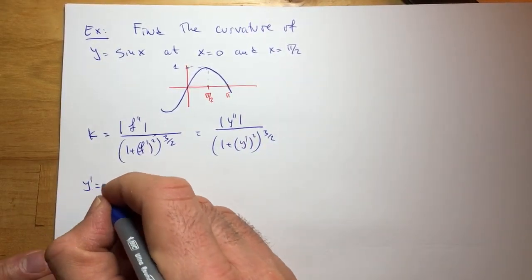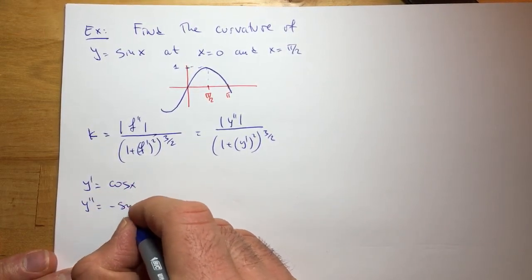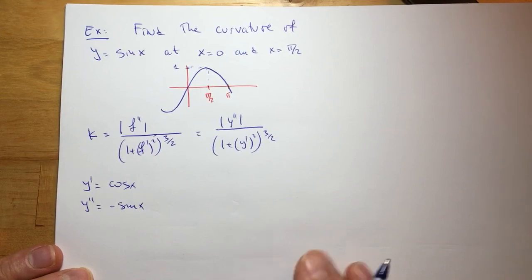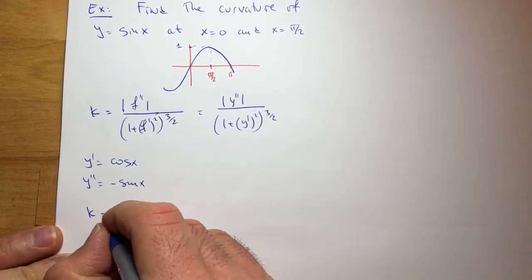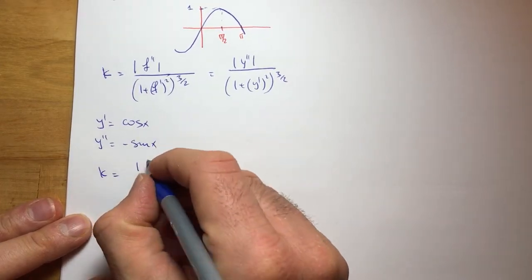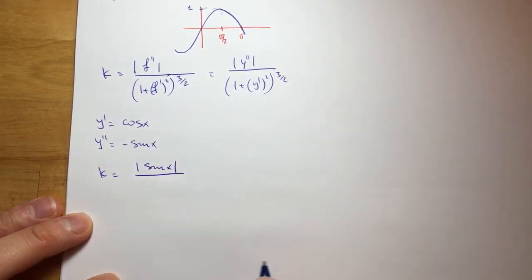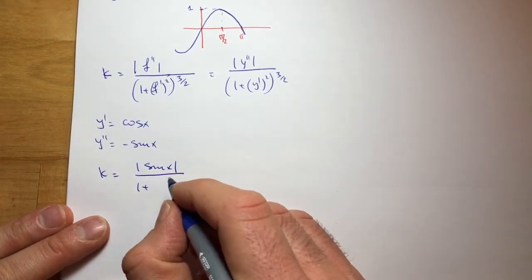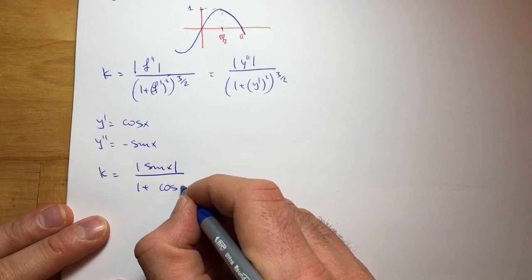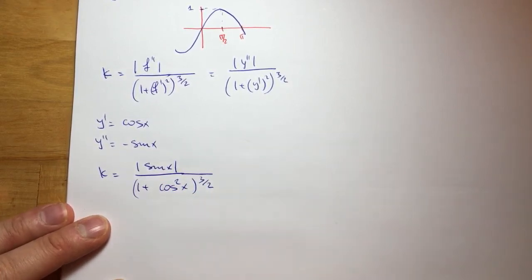Okay, this is easy. y prime is equal to cosine of x. y double prime is equal to negative sine of x, which means that the curvature is equal to the absolute value of sine of x over 1 plus cosine squared of x, the whole thing, to power 3 over 2.